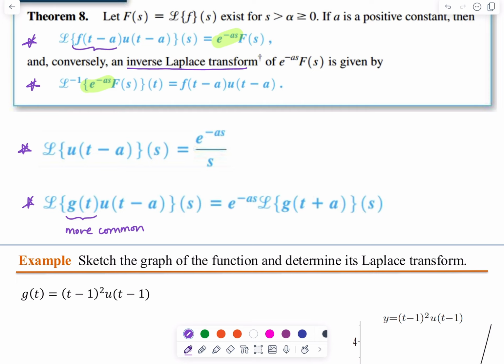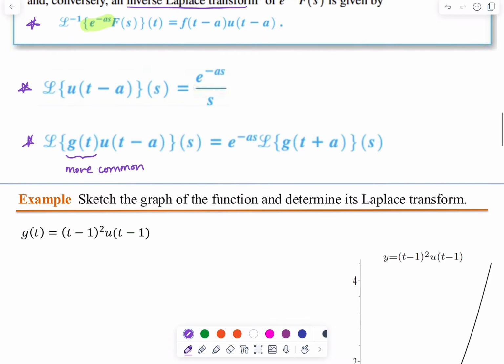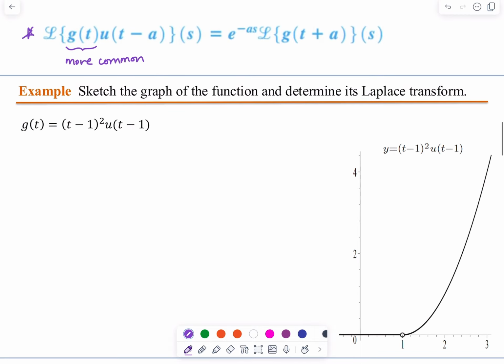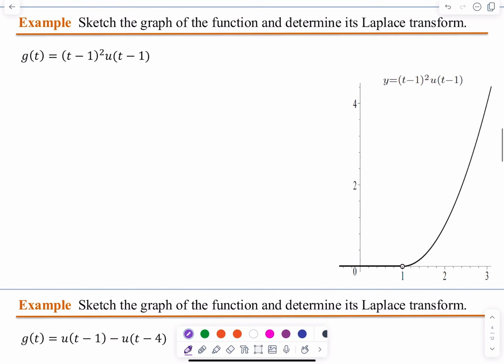So let's try to put all of this together and look at our first example. We want to sketch the graph of the function and then determine its Laplace transform. We just talked about this u of t, and that's our unit step function, 0 to 1. And of course, we have t less than 0 and 0 less than t.